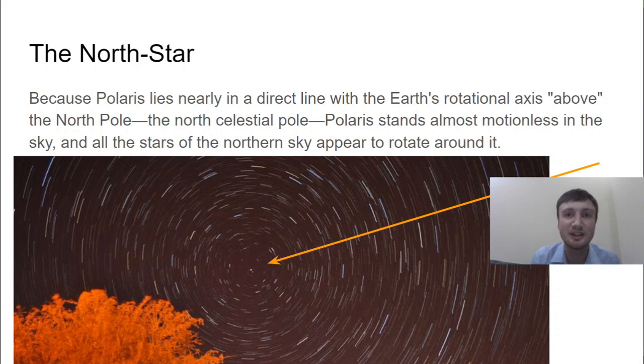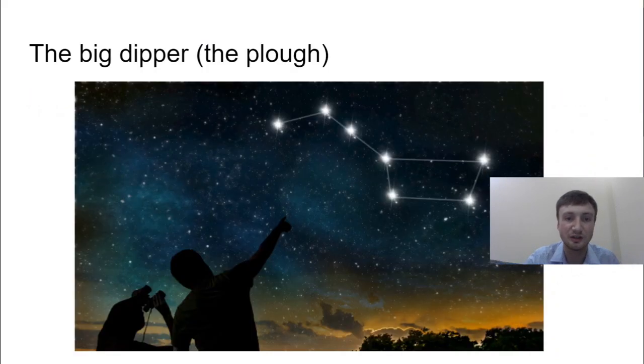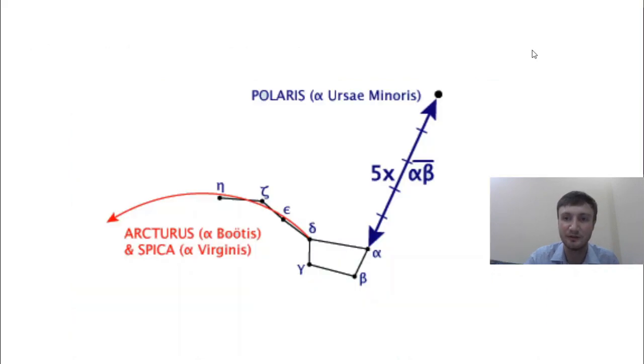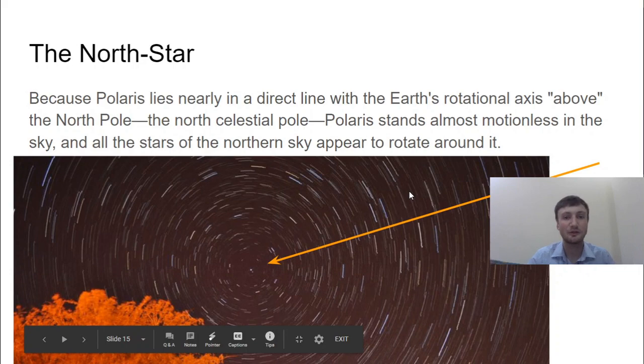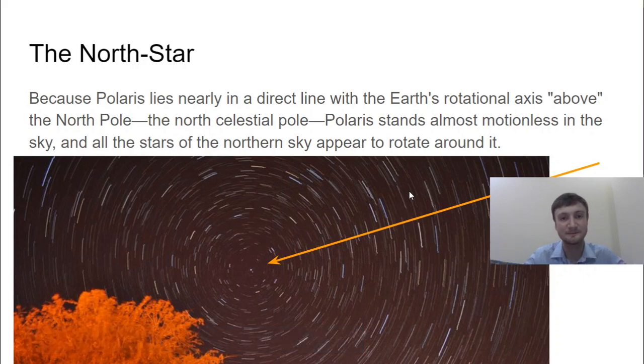So useful. If it's ever nighttime, all you need to do is find the Big Dipper, look at this distance here, times it by 5, you end up with the North Star, and that's where north is. Very useful if you don't have a compass or a map.